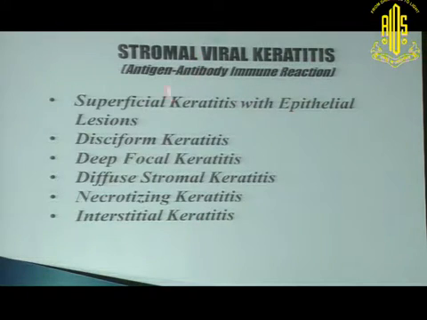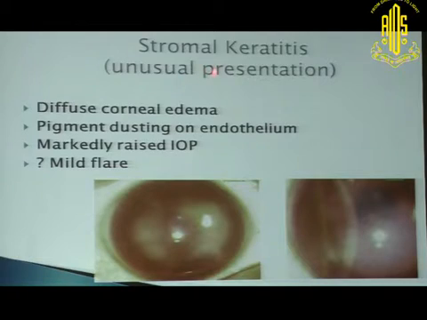But the commonest form we encounter in our setup is a combined form of superficial keratitis with stromal keratitis. An unusual presentation of stromal keratitis is diffuse stromal edema. There may be pigment dusting on the endothelium, and the hallmark of this lesion is a markedly raised IOP.